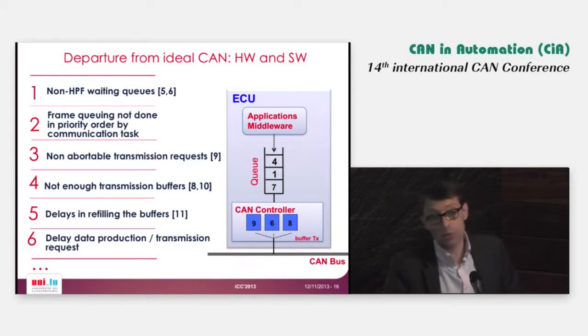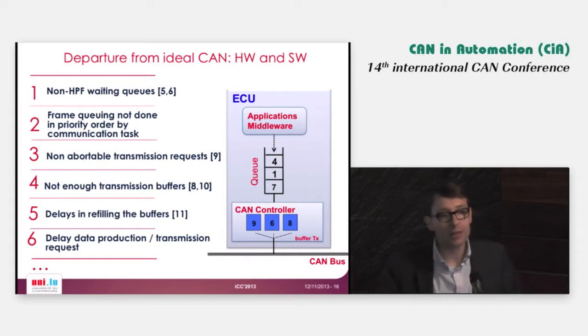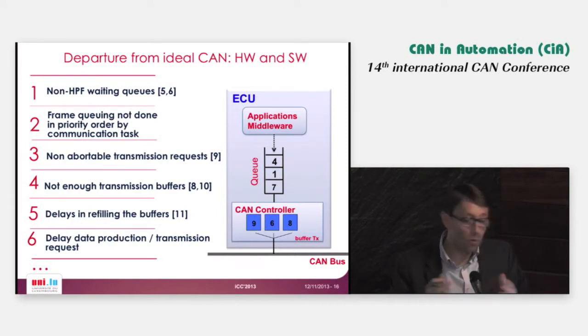You may have delays in refilling the buffers, and delays between the time data is ready to be transmitted and the time the transmission request is issued. All those delays are not accounted for in most schedulability analyses. And anyway, there's no comprehensive global analysis that would be able to integrate all of them.